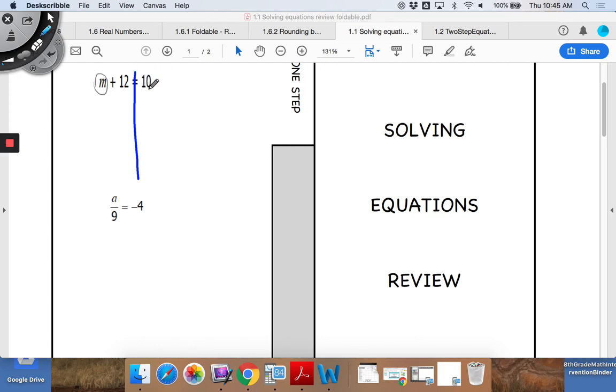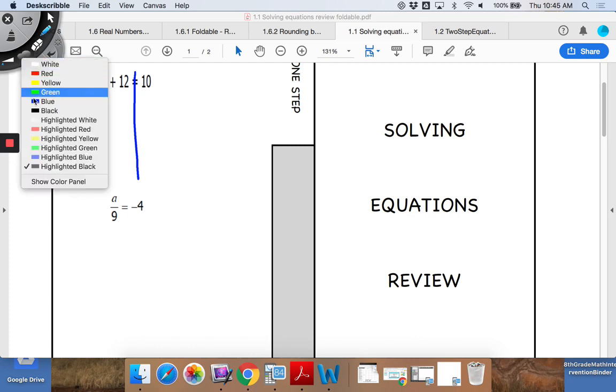And a 10 over here is also a constant for right now. We do actually have a coefficient on this one. So you're like, but wait, I don't see a number in front of m. But basically, anytime there's not a number there, it's a 1. And it's like a ghost, okay? There's a 1 hanging out right there. You don't see it, but it's there. Okay, so the coefficient in this example is a 1.